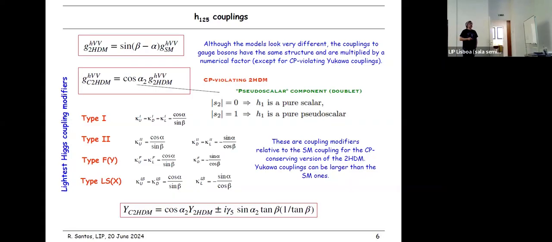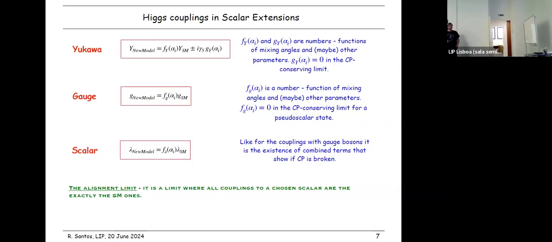So they are extremely simple in that sense, and also in the sense that there is no other Lorentz structure. You could expect that this would be very different, like it happens for the Yukawas, and I will come back to this later. In the case of the complex two-Higgs model, you get something that is very standard model-like, but then you have a gamma 5 component here, and this gamma 5 will tell you that there is CP violation, as I mentioned.